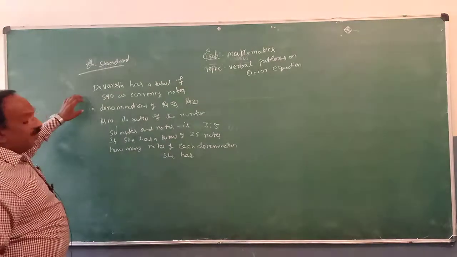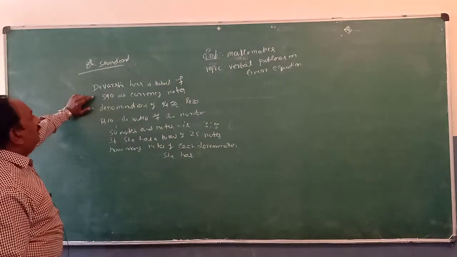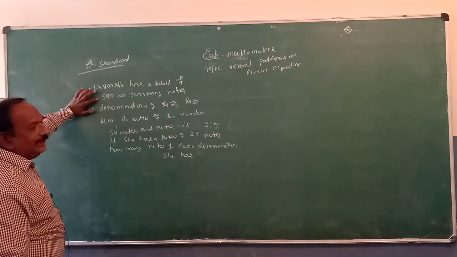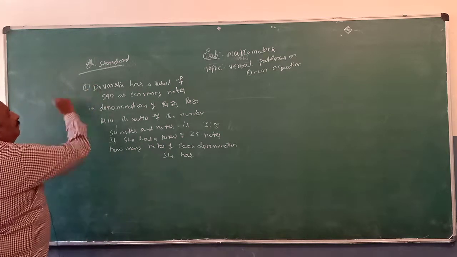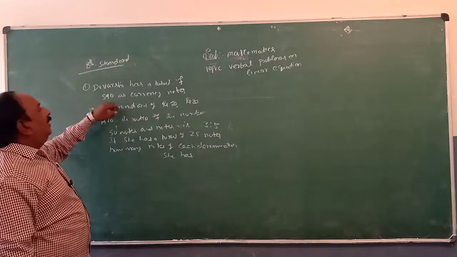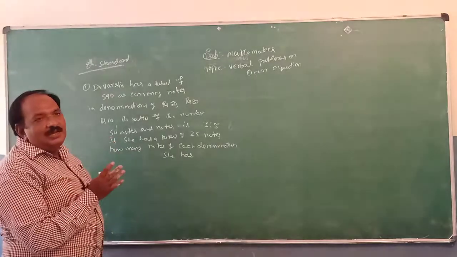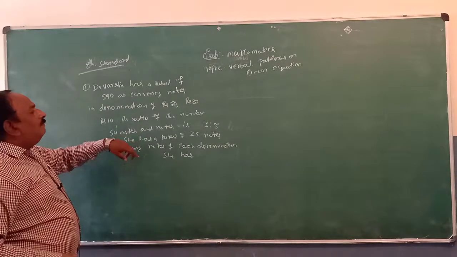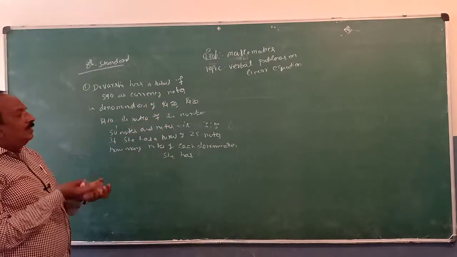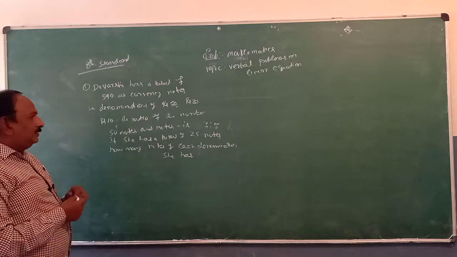Well, Devarshi has a total of 590 rupees as currency notes. Here Devarshi is the name of the person. He has 590 rupees in currency notes. His denominations are 50 rupee notes, 20 rupee notes and 10 rupee notes.